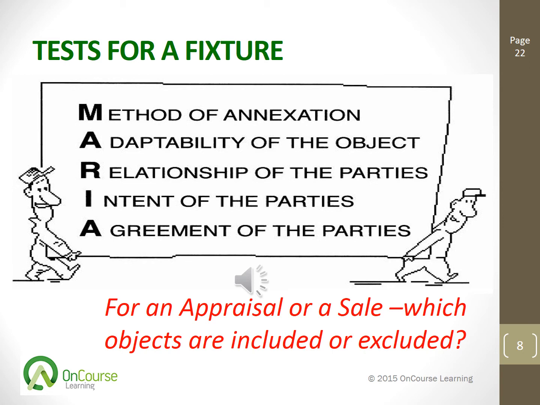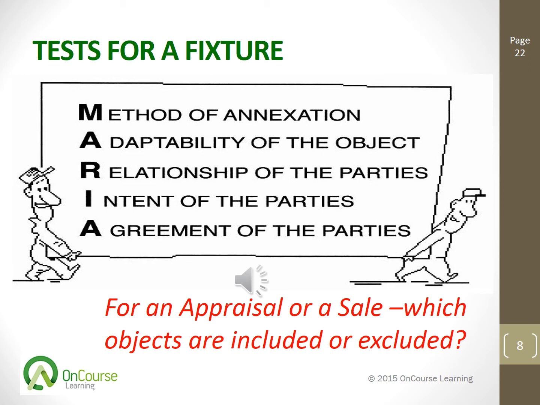That is not permanently affixed to the property, and it is not a fixture. And if you have window air conditioners and you're selling it or listing it, you have to let the people know whether or not that window air conditioner, that personal property air conditioner, is going to go with the house.